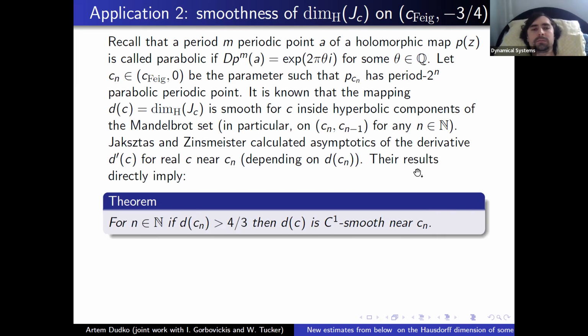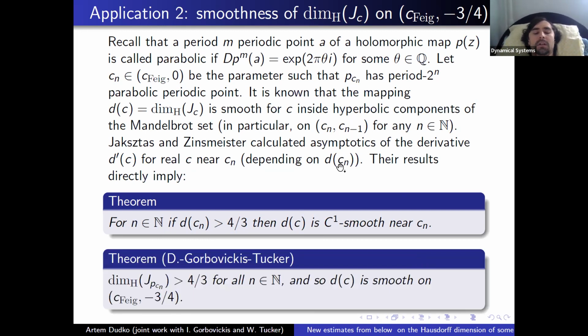So the results of Ludwik and Michel imply, as they mentioned in their papers, the following conditional theorem. If the Hausdorff dimension of the parabolic Julia set at c_n is greater than 4/3, then the Hausdorff dimension is smooth near c_n.